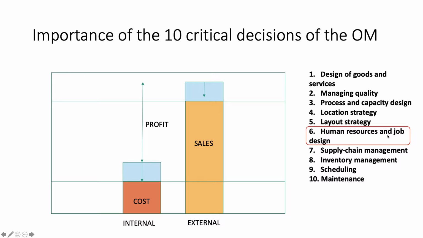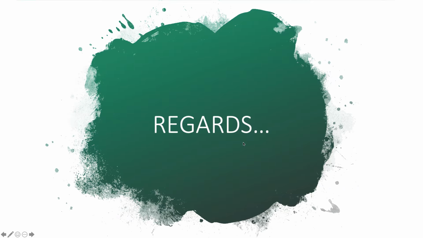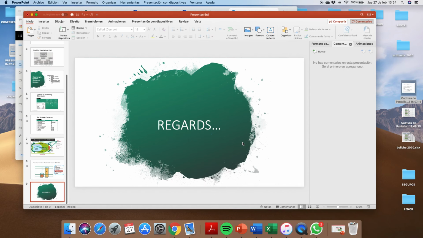We reduce the human resources and job design, and maybe that is not the best way to improve the cost. We have another 10 critical decisions that we can manage, and in that way we can take care of our people. That is the important thing. Regards, that's everything. Thanks a lot.